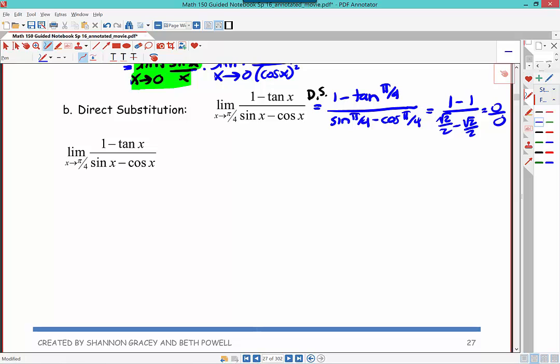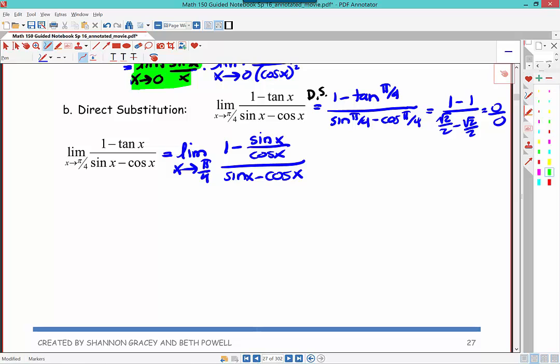So, coming over here, we'll do the limit as x approaches pi over 4 of 1 minus sine at x over cosine at x divided by sine at x minus cosine at x. So all I did, again, is I used the quotient identity for tangent at x to change it to this.